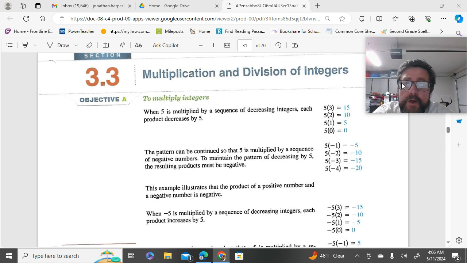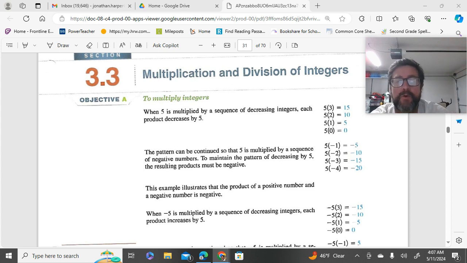Okay, to multiply integers, when 5 is multiplied by a sequence of decreasing integers, each product, which is what you get when you multiply, that's your answer. It's the key word. Like sum is for addition, difference is for subtraction, and product is for multiplication.